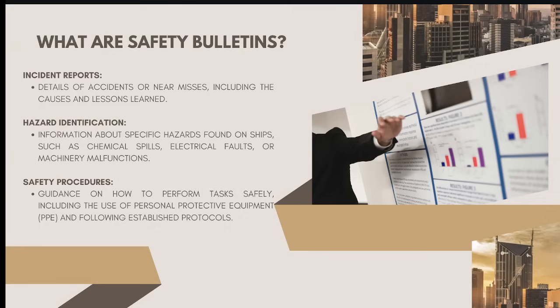So I have here some kinds of safety bulletins. For this one, we have the incident report. This is the detail of accidents or near misses, including the cause and lessons learned.